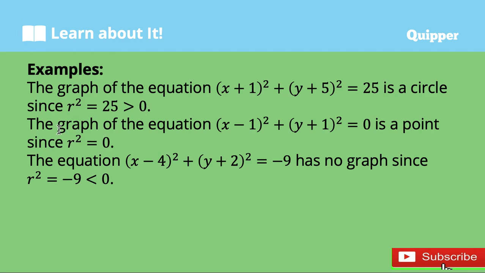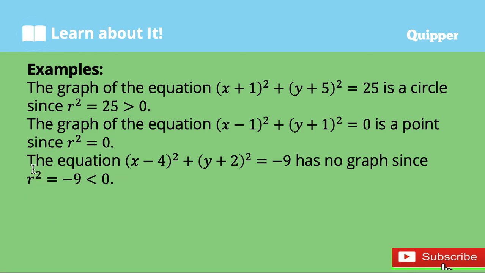Next, the graph of the equation (x − 1)² + (y + 1)² = 0. R squared is equal to 0. Therefore, the graph of this equation is just a point, not a circle.